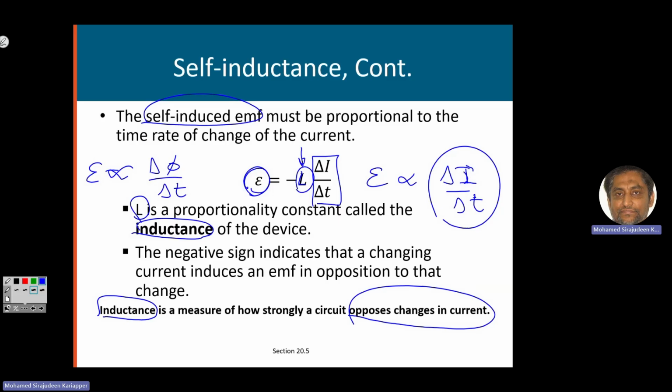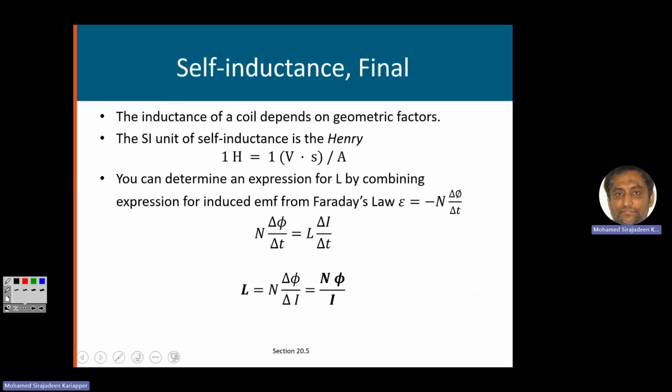Opposing the current itself would reduce the current, that is resistance. So resistance opposes the amount of current, but inductance opposes the change in the current. You should not confuse them. Resistance and inductance are not the same thing.